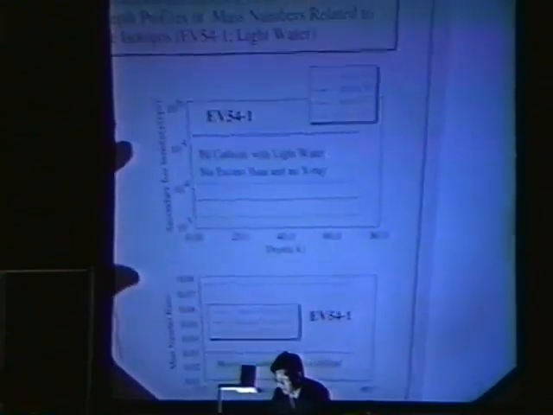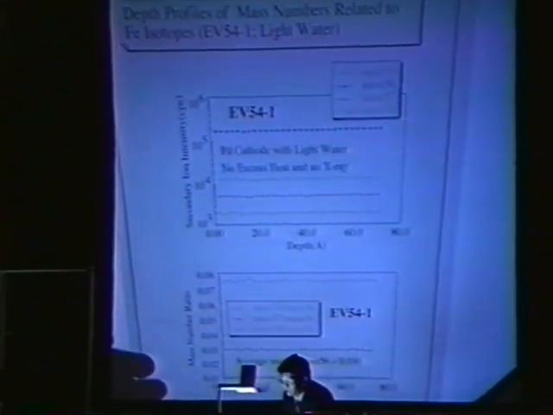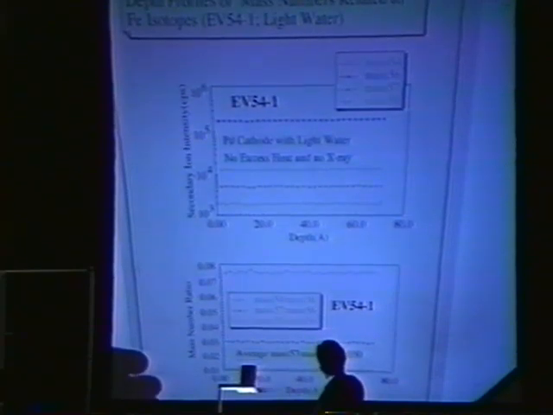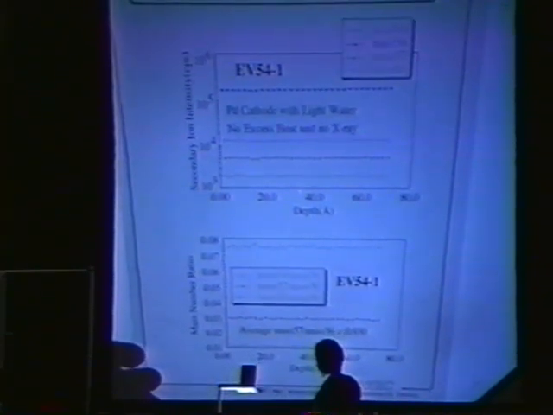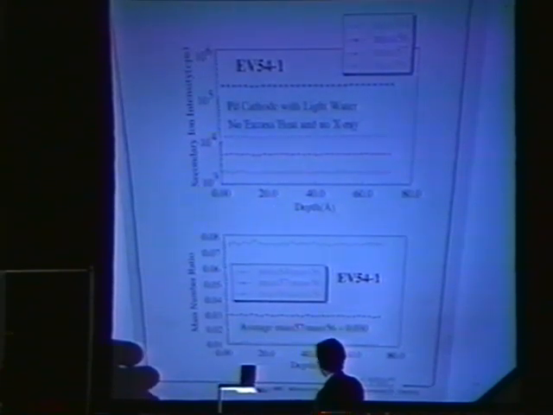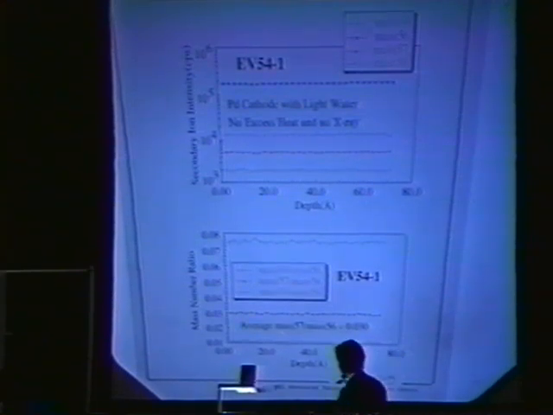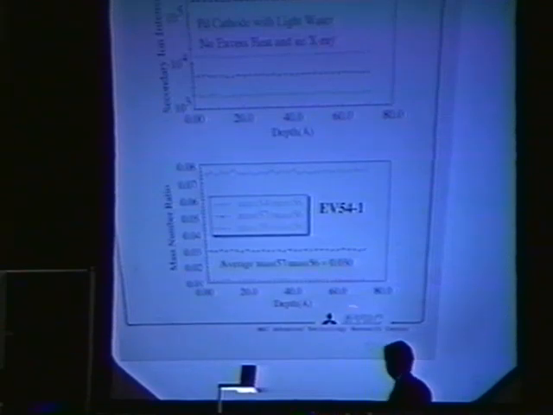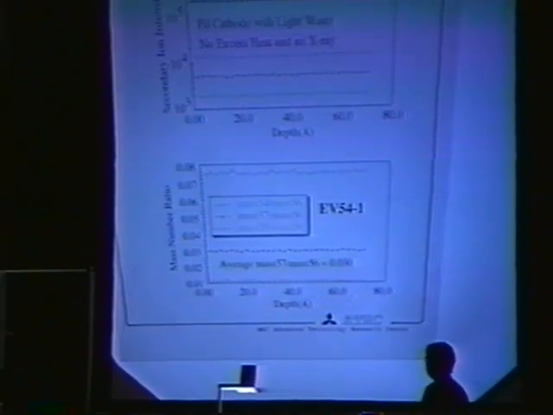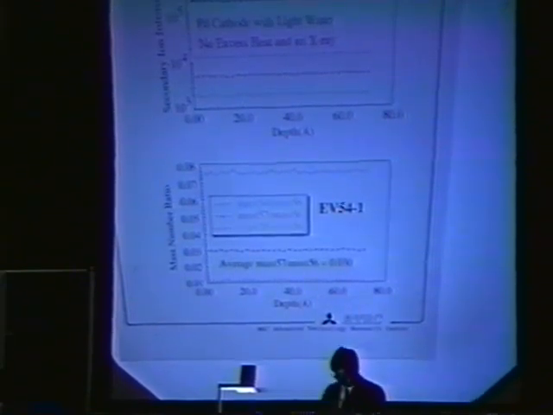On the other hand, background data, EV54, which is used in the light water experiment, distributes uniformly like Fe ion standard. And average mass 57 by 56 is near to the Fe standard.